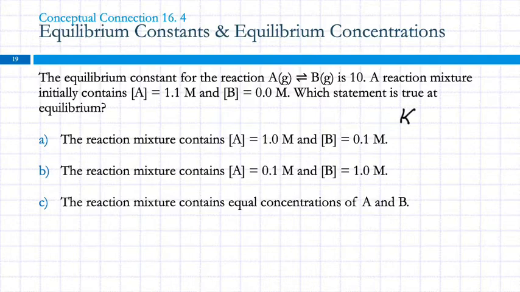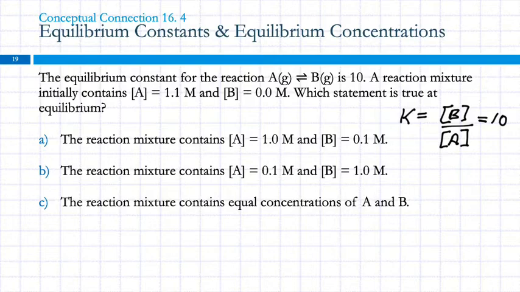So the equilibrium constant is equal to the concentration of B divided by the concentration of A. And we're told that that's 10. So are we going to have more product or more reactant? More product. We're going to have 10 times more product than reactant, right?